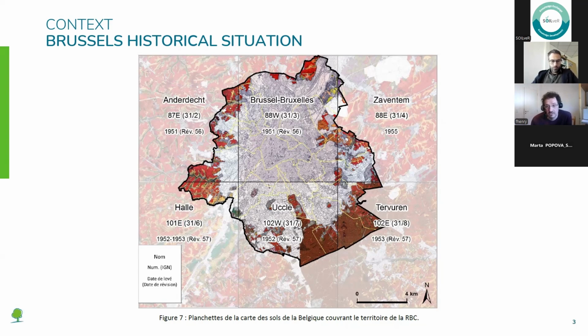And in this context, the soil is a precious resource to preserve, and the Brussels region decided to implement a soil preservation strategy starting in 2019, the Good Soil Strategy.